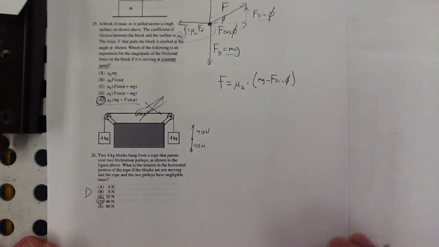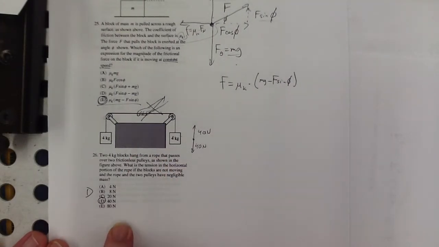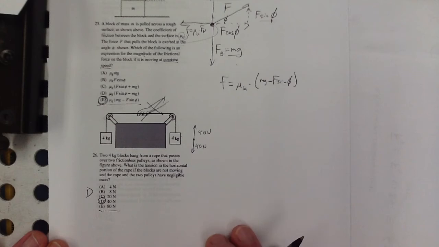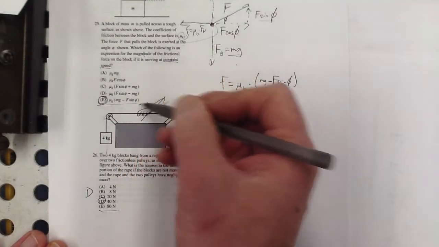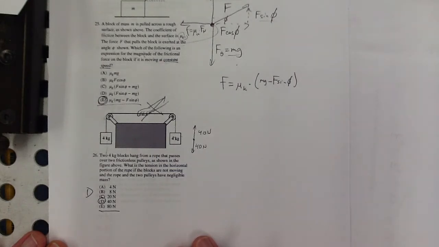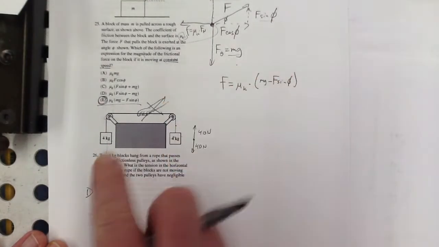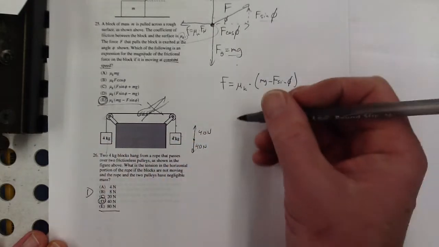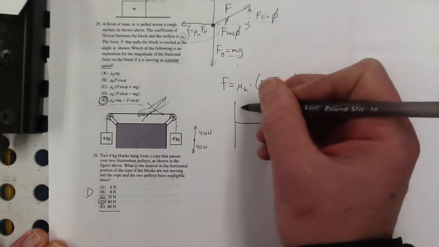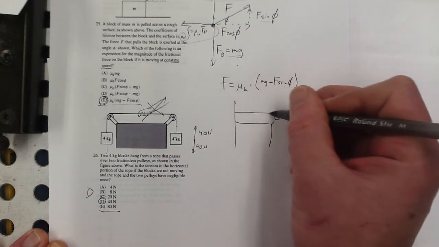It's real tempting. A wrong answer that I've seen many students choose for this is to go for the 80 newtons because, well, there's 40 here and there's 40 here, so there must be 80 there. And that's wrong because this rope doesn't know the difference. This is in equilibrium, but what if it was like this setup instead?